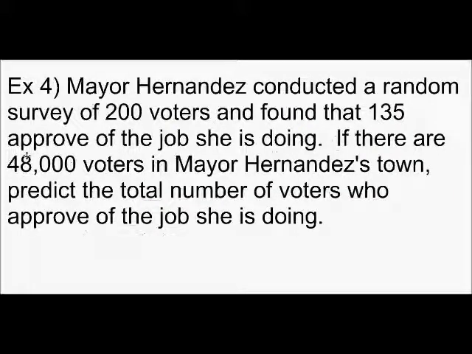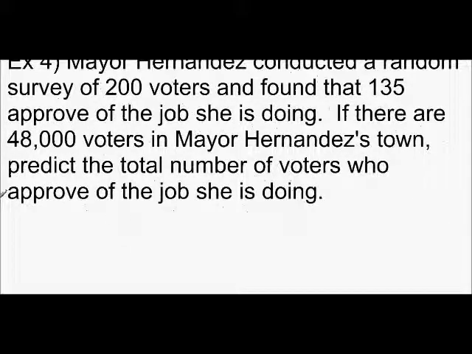Example 4. Mayor Hernandez conducted a random survey of 200 voters and found that 135 approve of the job she is doing. If there are 48,000 voters in the town, predict the total number of voters who approve of the job she is doing. Okay, so we have to set up a proportion.